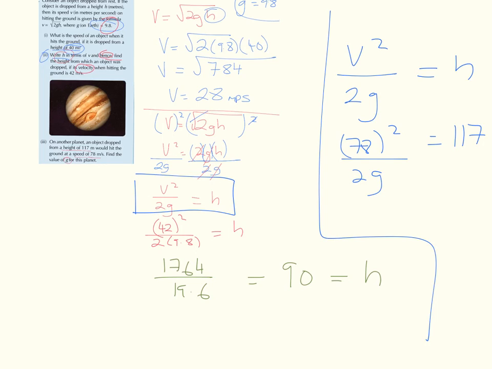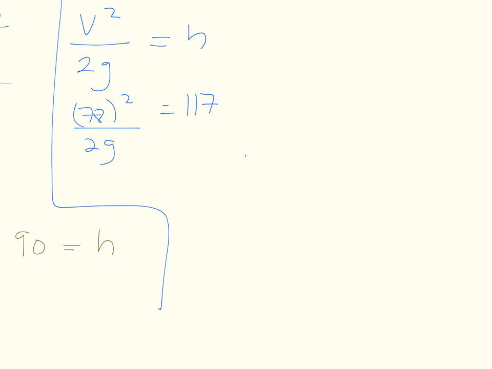So fill in what you know, work out your brackets, and I want you to see how it happened. So 78 squared is 6,084, all divided by 2g, which we don't know, equals 117. So again, if you've got a situation here where you've got fractions, so this is essentially a fraction, we need to get rid of it, we need to make it linear.